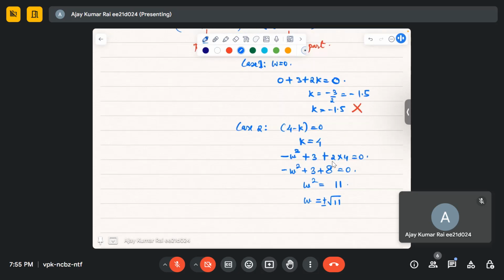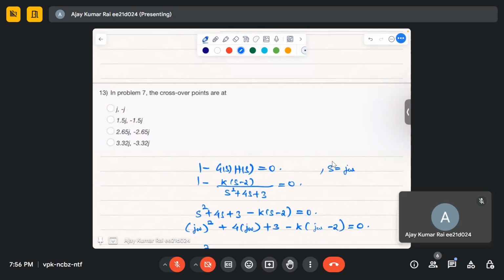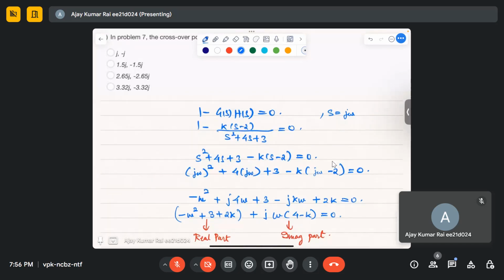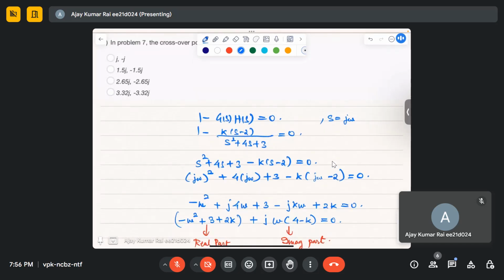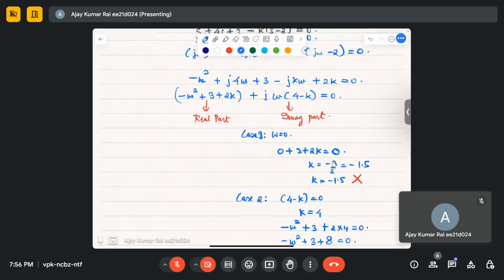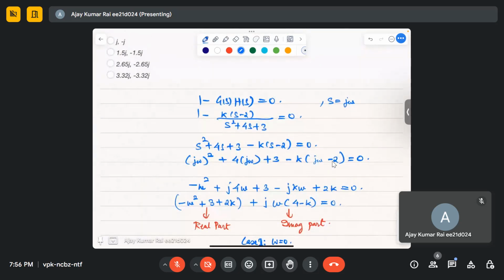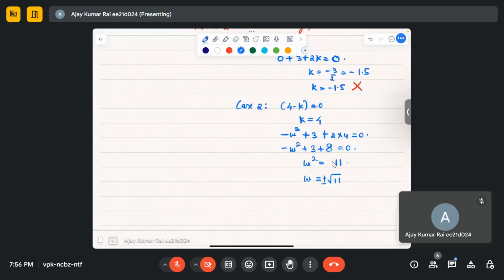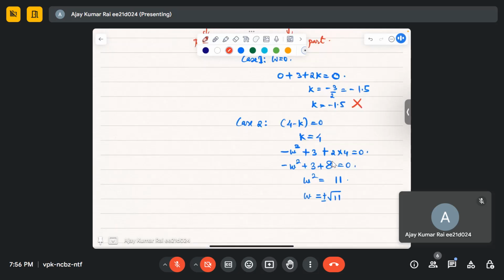So what can you say about this point? Root of 11 is how much? I think it's 3.32. So this can exist, right? K can be positive, K is greater than 0, right?